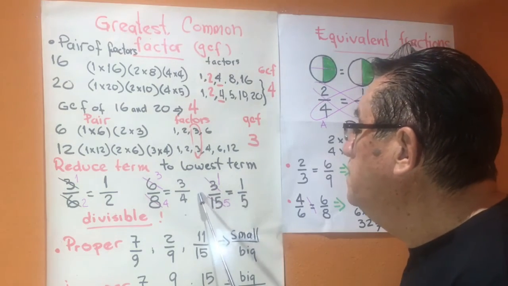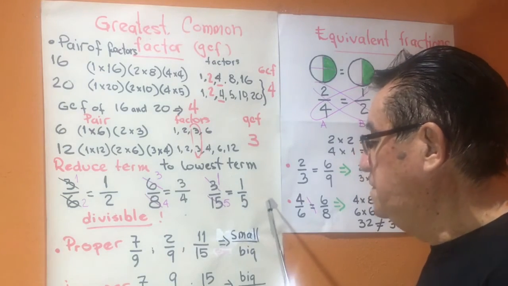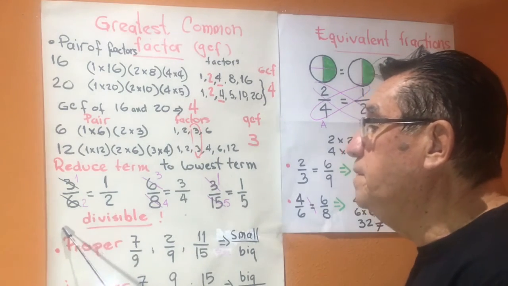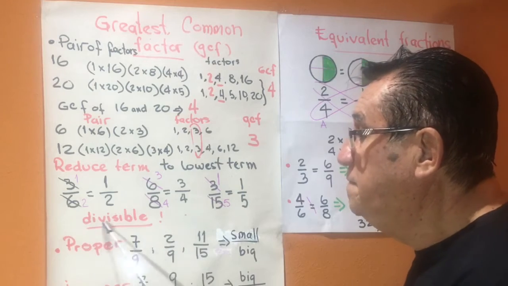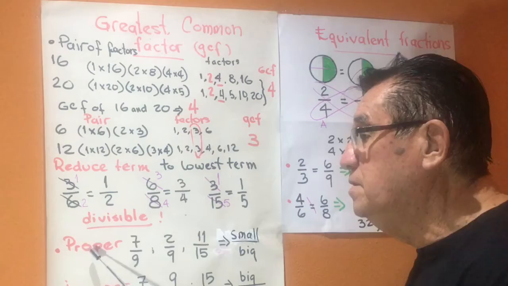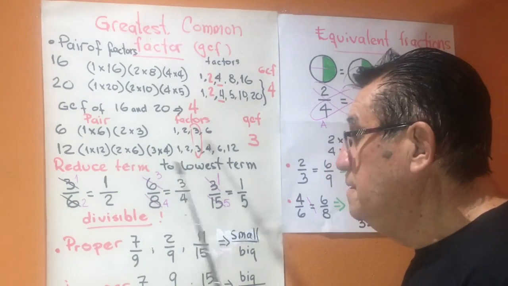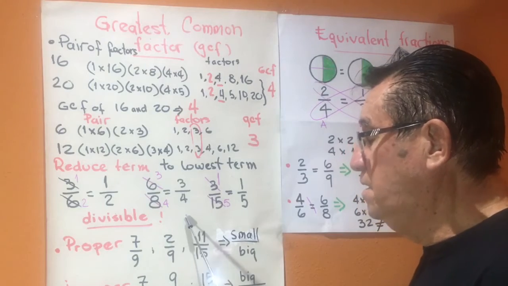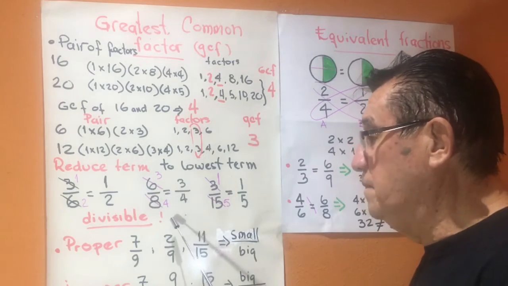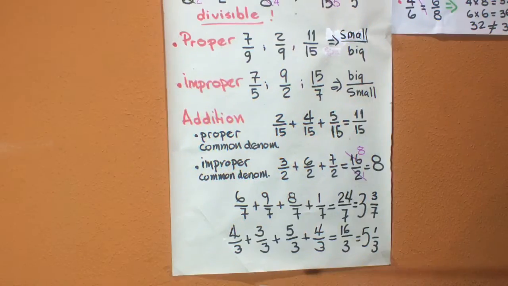So the equivalent fraction of 3/15 is 1/5. That means that I have to be very careful with divisibility. Which are the numbers that are divisible by 2, by 3, by 4, by 5, by 6, etc., until we get the prime numbers. So we have to remember the divisibility rules.